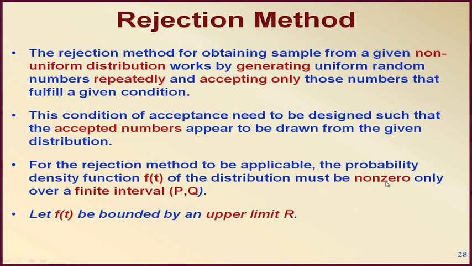Now, let us look at another method which is known as the rejection method. Basically, there are 4 ways random variates can be obtained. What are those 4 ways?